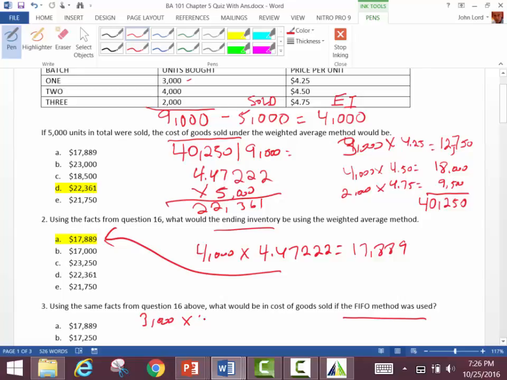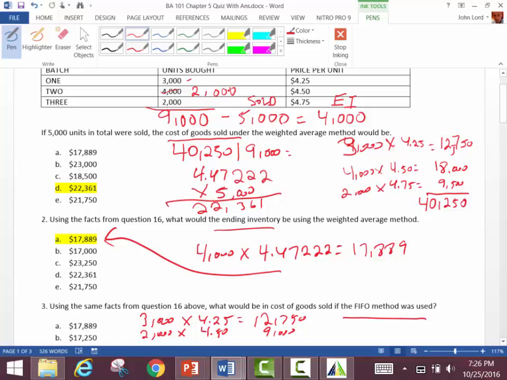That's what, 425 ones? That gives me 12,750. Good. 2,000 from batch 2 at 450 each. That's what, 9,000? Right? So how many are we left with now? 2,000? Okay, so there's 2,000 left there now.